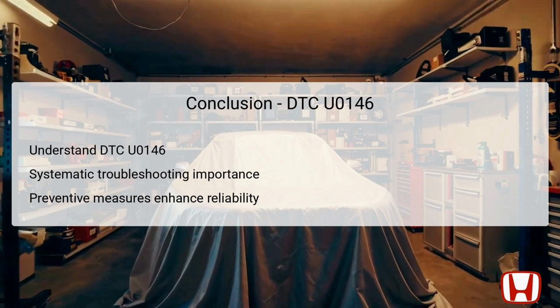Moreover, adopting preventive measures can significantly minimize the risk of future faults, leading to a more reliable driving experience. Upholding the vehicle's electronic system health is essential not only for the TCM functionality, but also for overall vehicle integrity. Ultimately, these practices contribute to ensuring that the vehicle remains in optimal condition, reinforcing safety and performance standards.